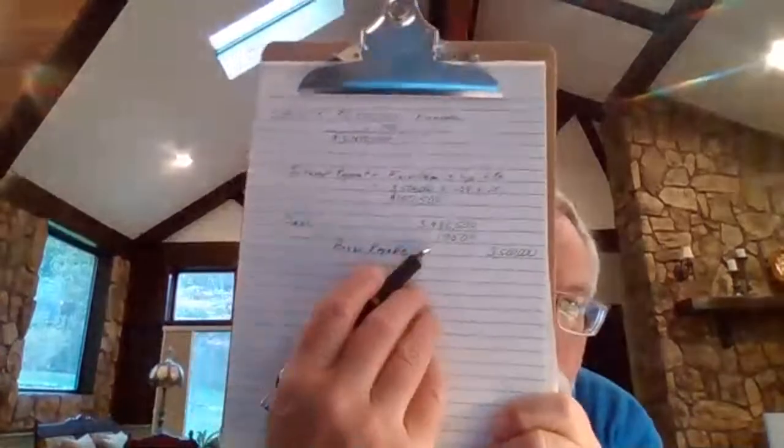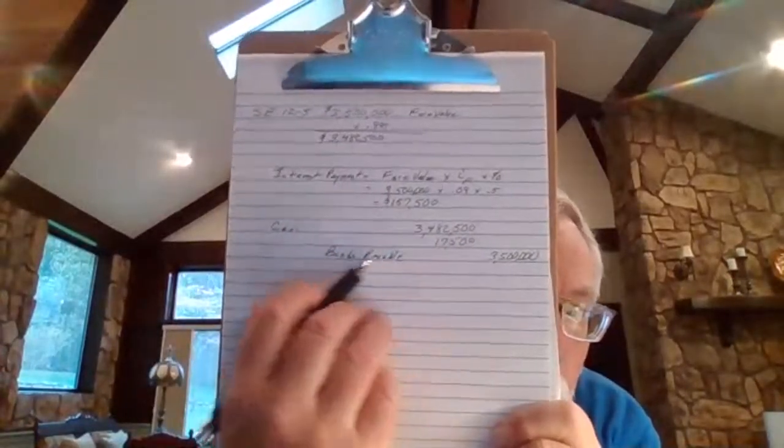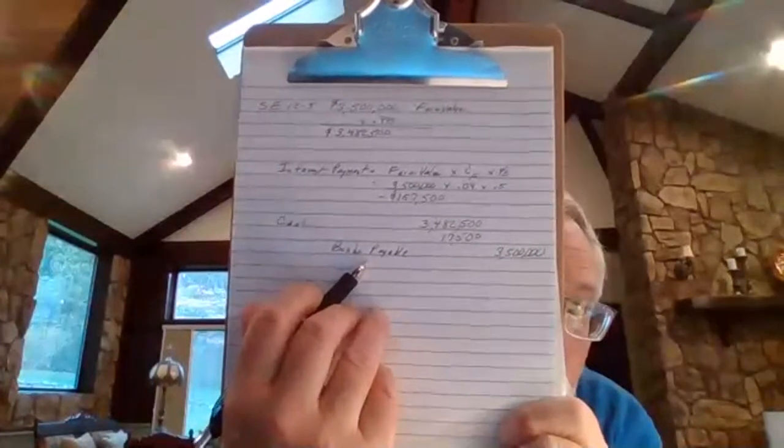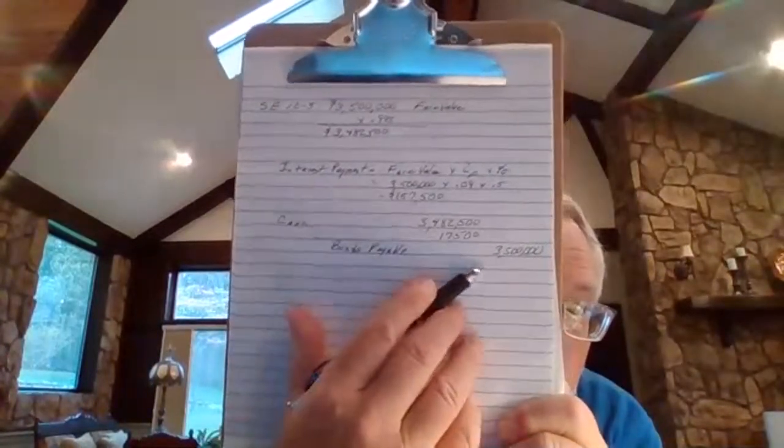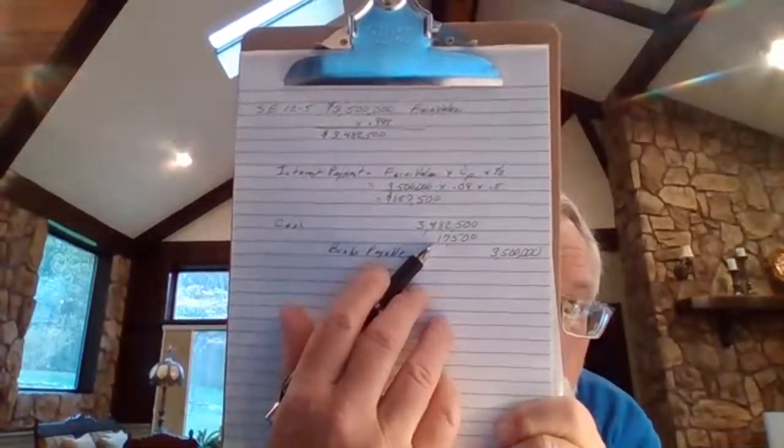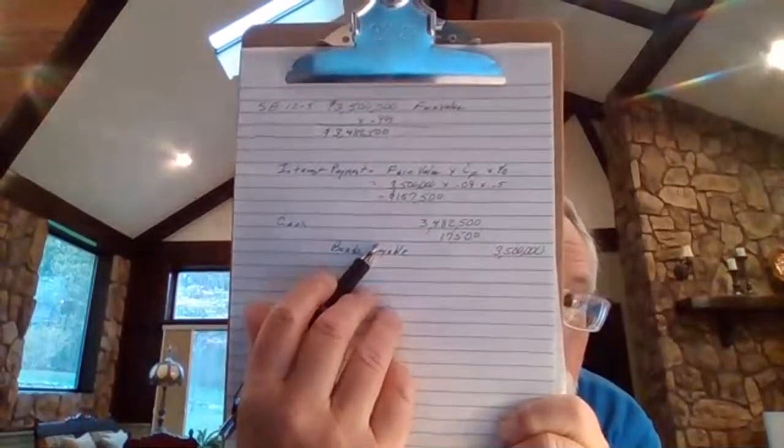And let me just check that 3 million. Yes. So the difference is 17,500. The normal balance of the bonds payable, liability accounts, is credit. The balancing figure is a debit. So it's going to have to be what? A discount on bonds payable.